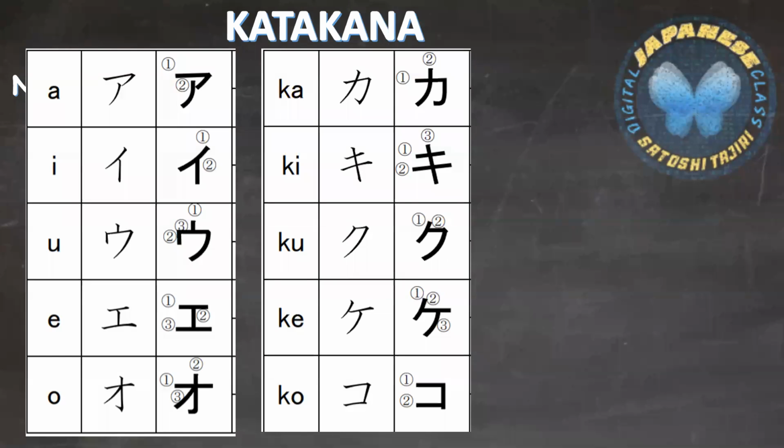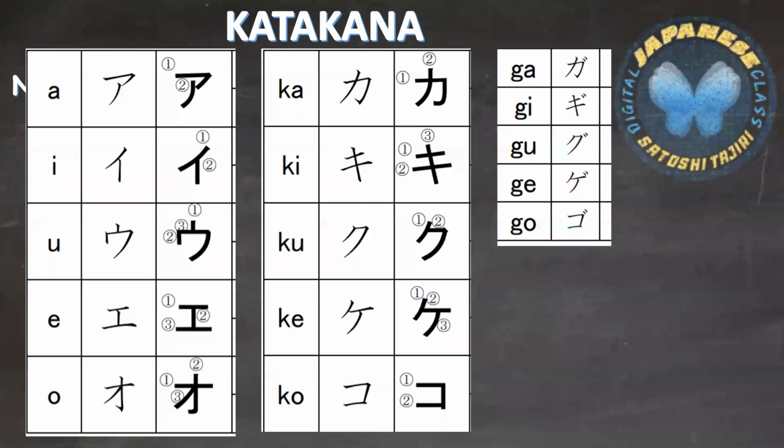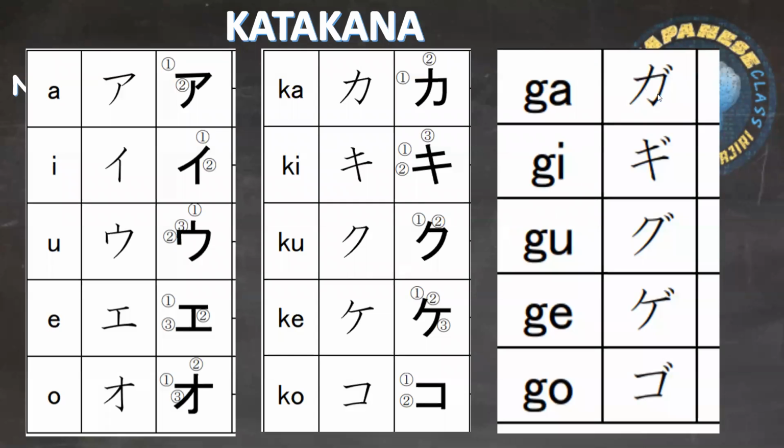The stroke order number is still the same, but we're going to add only a dakuten to produce a vibration sound, okay? So they still have the same shape, but now we have our dakuten. So that's what we call dakuten. Okay? The same shape, but it now produces a voiced sound. We have ga, gi, gu, ge, go. Okay? Ga, gi, gu, ge, go.